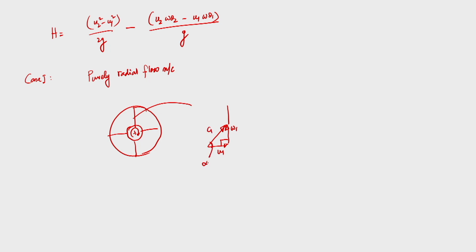This angle is alpha 1. So, beta 1 is equal to pi by 2. Similarly, if I draw the velocity triangles at the outlet, again I will get velocity triangles like this.